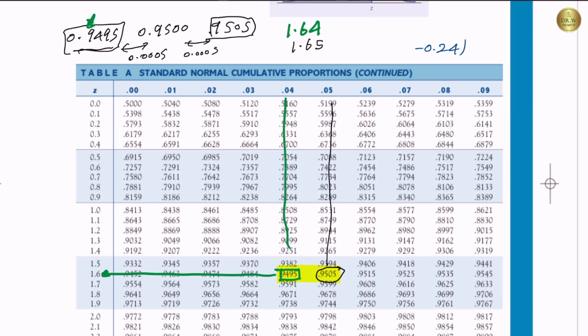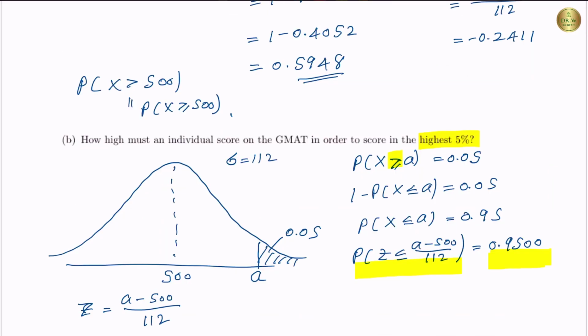Then get the average. How do you find the average? 1.64 plus 1.65 divided by 2 is 1.645. This is the z value we use for this problem. So the z value for 0.9500 is 1.645. This is from the z table.